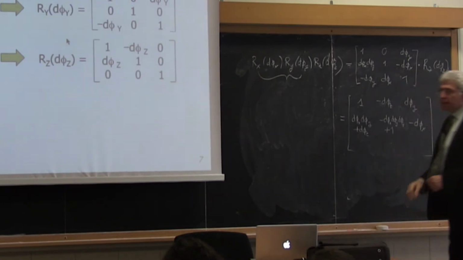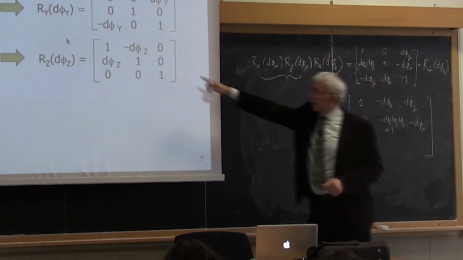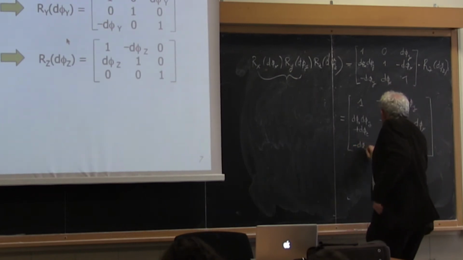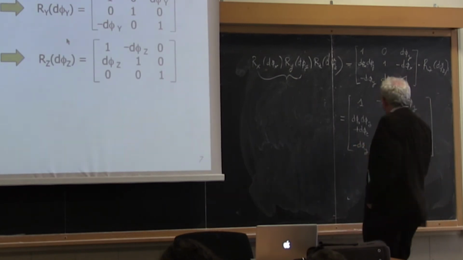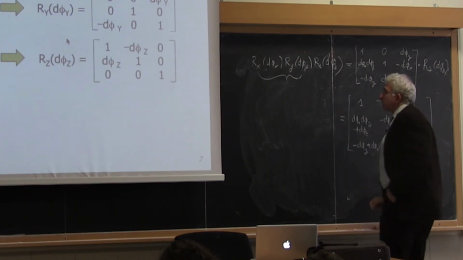And now last row: this product times first column is minus d phi y plus d phi x d phi z.